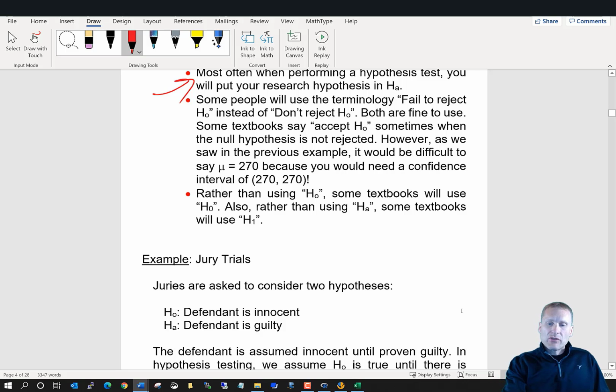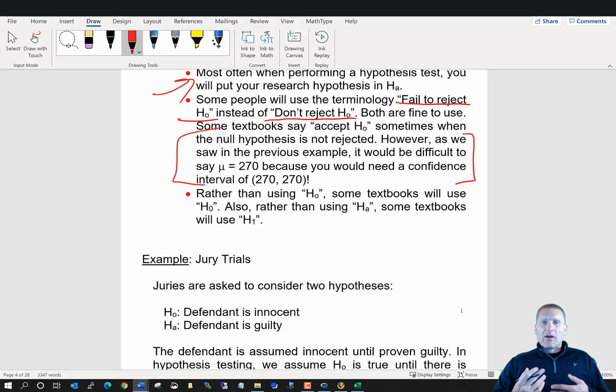Now, in addition to using the phrase don't reject H0 when, let's say, mu was in that interval, some people would say fail to reject H0, and that's fine as well. And this is a key point to what I was just saying: we will never be able to show that mu is equal to a particular number. And so that controls where we put our research hypothesis.